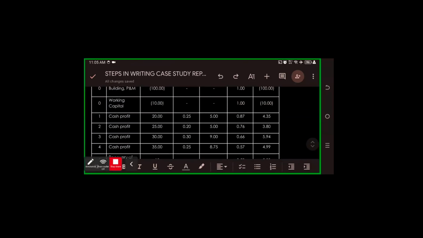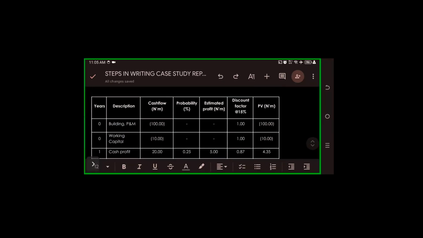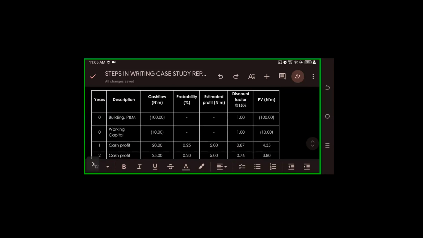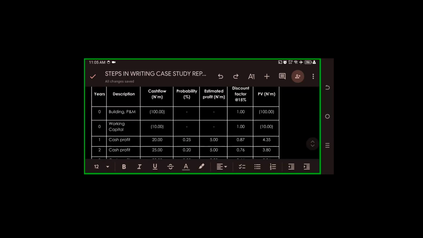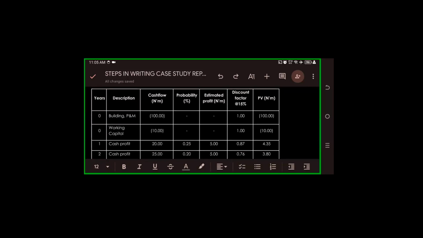If you look at it, we have the years here. Let's say time 0 is when they invested 100 million and added the additional working capital.